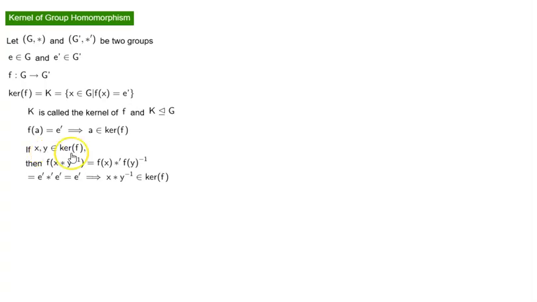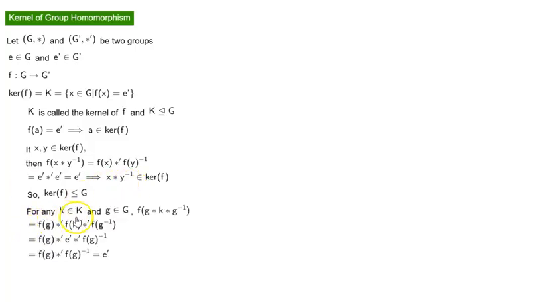How? Because y is in the kernel, that means its inverse is also in the kernel. e prime times e prime is equal to e prime, which implies that x times y inverse is in the kernel of f. So kernel of f is a subgroup of G. Remember, this is a one-line proof for proving that a set of elements is a subgroup.